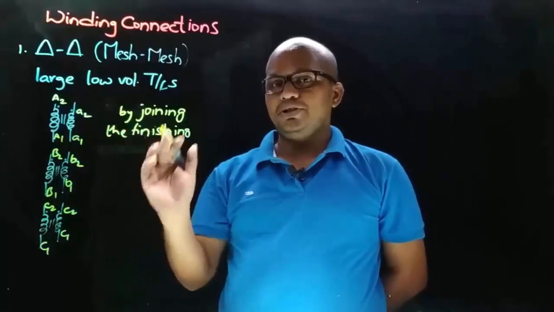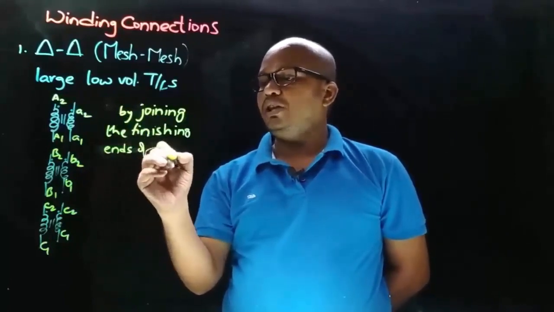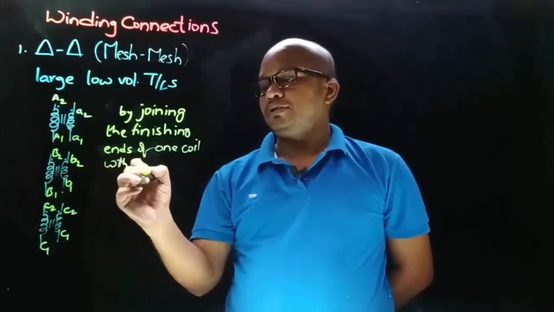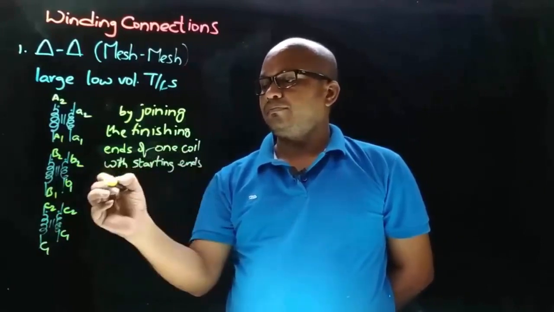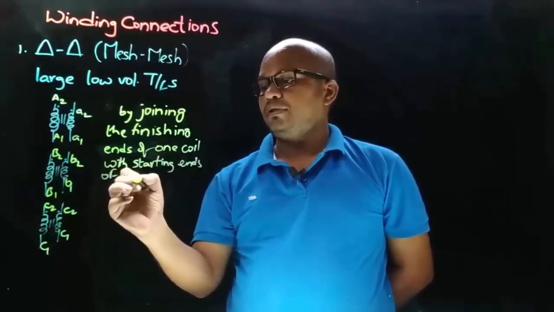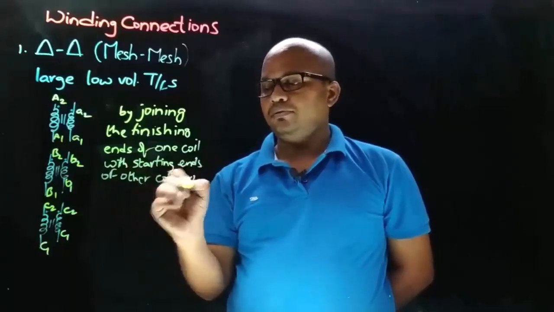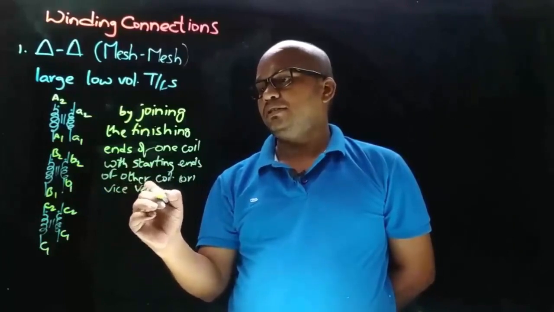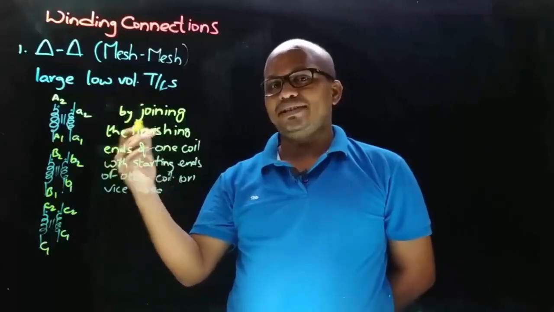Delta connection is obtained by joining the finishing ends of one coil with starting ends of other coil, or vice versa. That is by joining the starting ends of one coil with finishing end of the second coil.